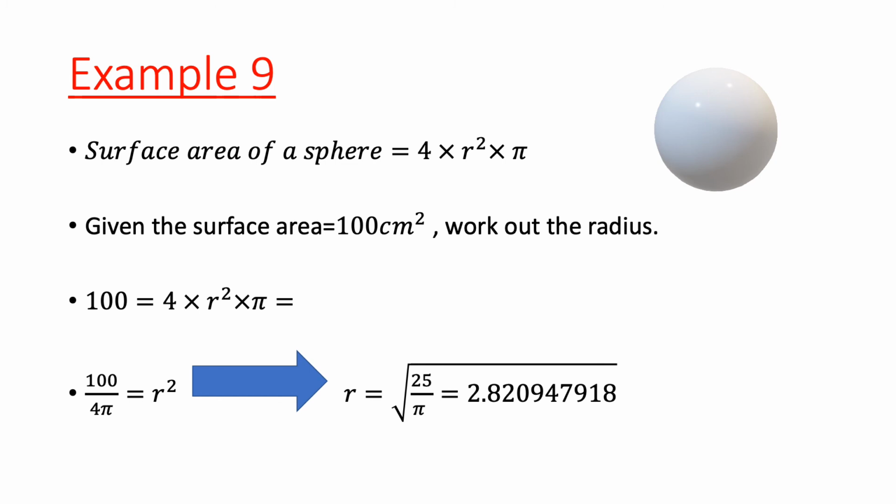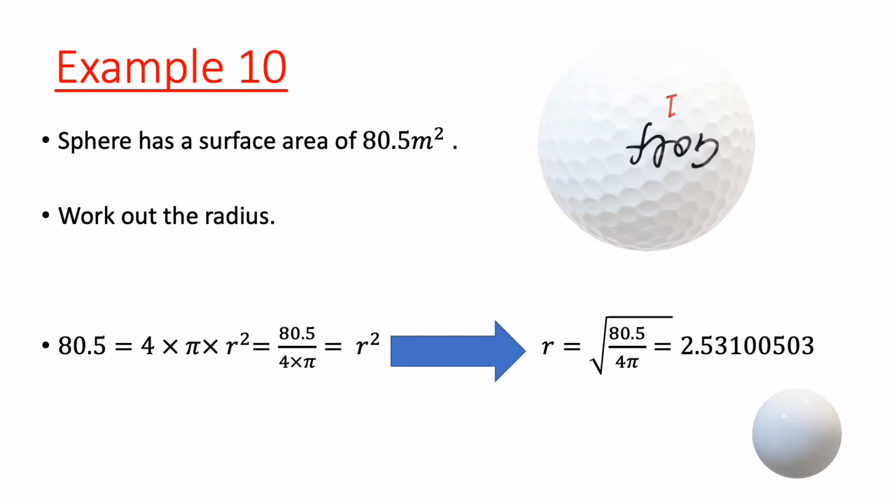Okay, right, example 10. So last one. A sphere has a surface area of 80.5. Work out the radius. So again, rearranging the formula. So it will be 80.5 is equal to 4 times pi times r squared.